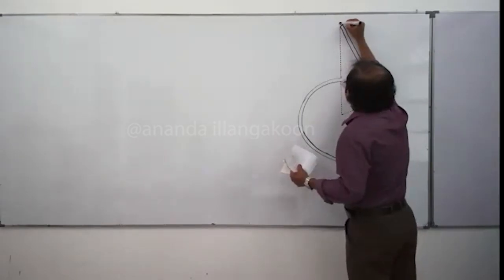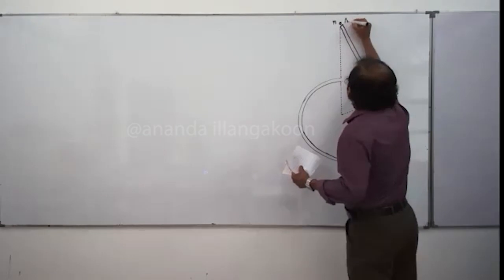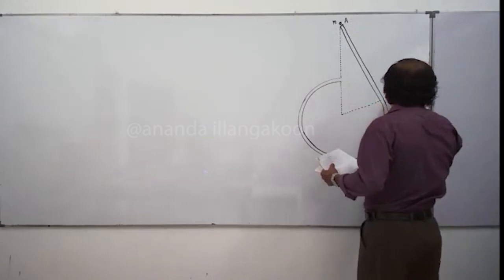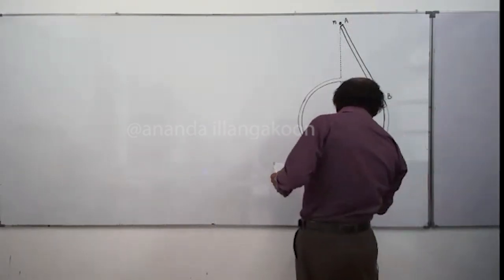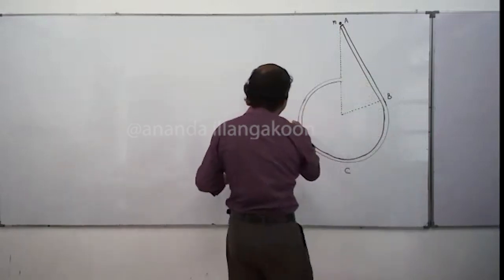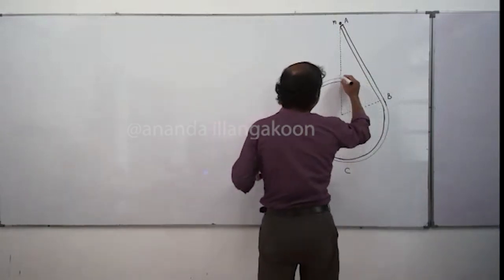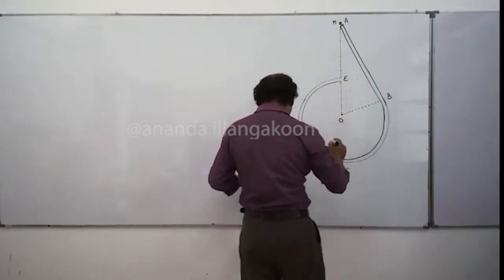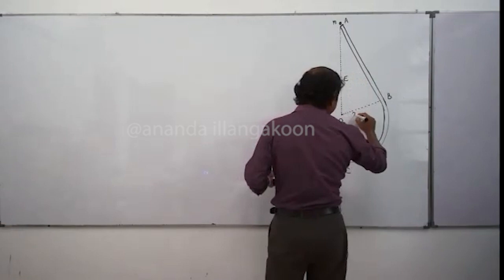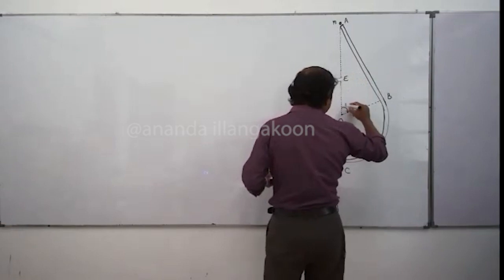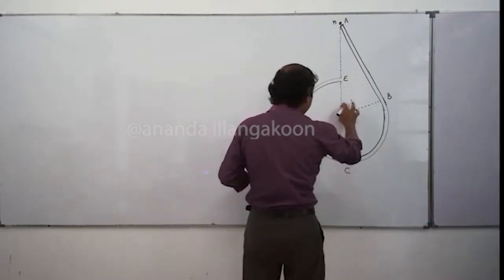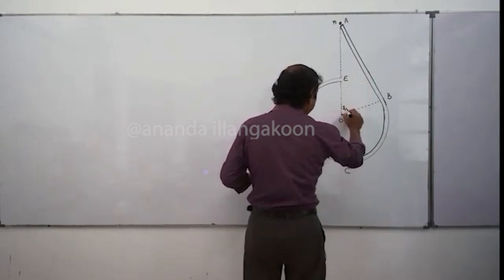Particle m is placed here. If the point is A, this is B, this is C, D, and this is E. This is the point O. The radius is 2a. This angle is given as pi by 3.